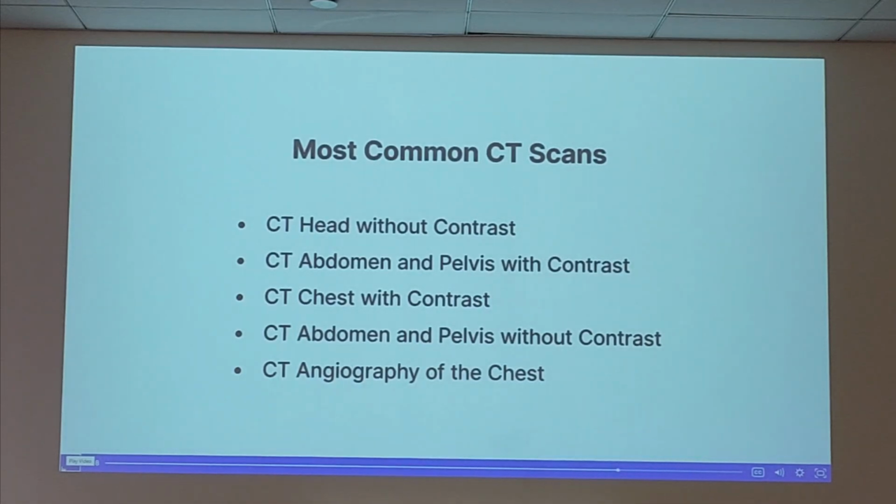We good? So the most common CT scan is going to be of what? CT head without contrast. So you're going to fill up all of your competencies with CT head without contrast. That's going to be one of the most popular exams that you're going to have. And remember what Mr. Fung said.